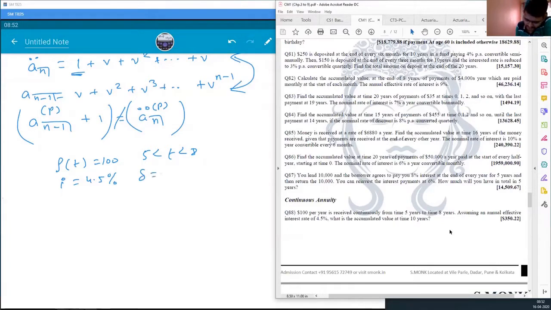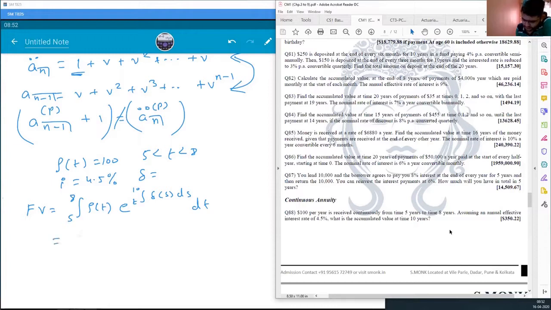Just write this. Our formula would be that our future value will be equal to the integral of rho t e raised to the integral of delta s ds, dt. This is going from t to time 10, and t is from 5 to 8.